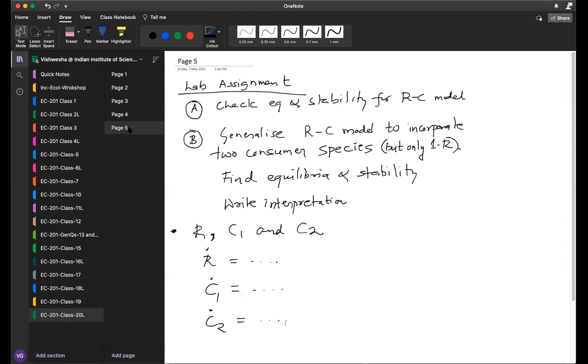That's why I said only one resource. There is high competition between the two, which necessarily means that this model you're going to do now will only capture high competition scenarios. So what do you think will be the result, by the way? Can you guess the result?